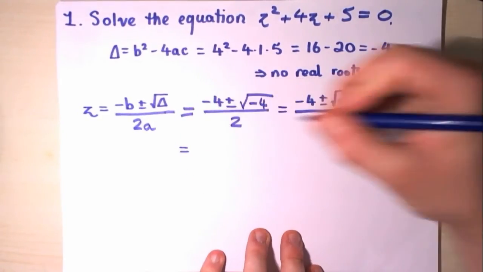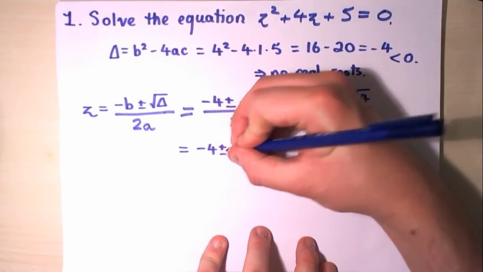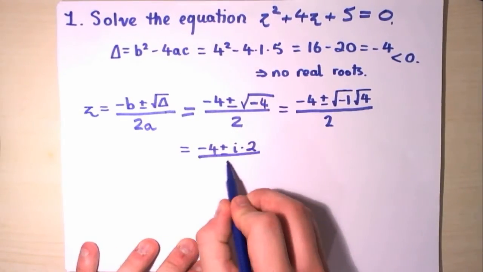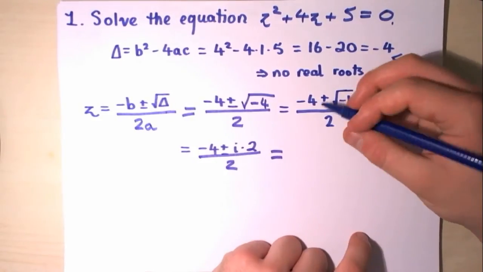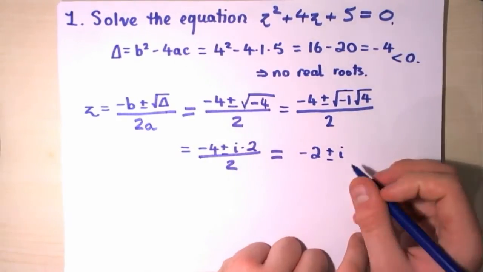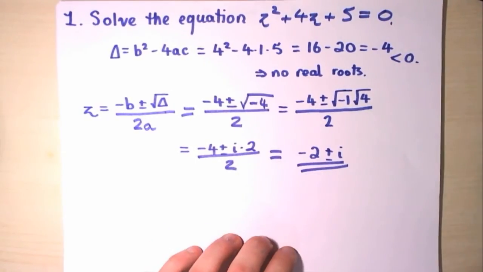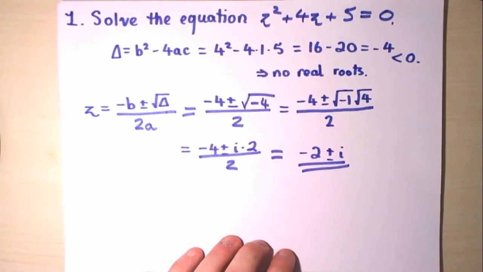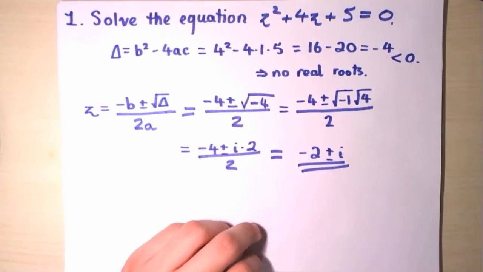Then this leads us to minus 4 plus or minus i, and then root 4 is 2, divided by 2, and this gives us the two complex solutions to the quadratic equation. We get minus 2 plus or minus i. So that's how to solve a quadratic equation with real coefficients where the discriminant is negative. And that works for any quadratic equation of that form.